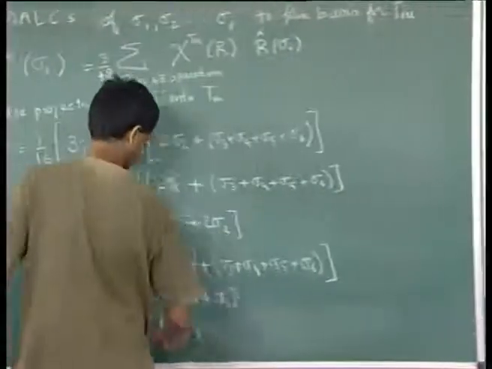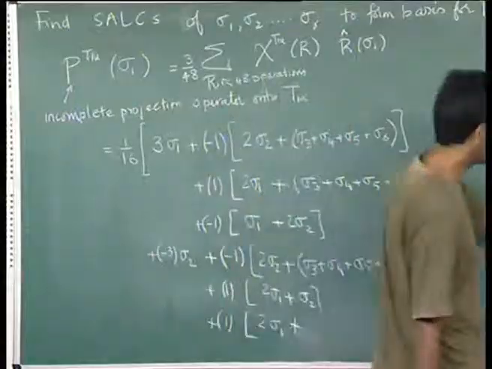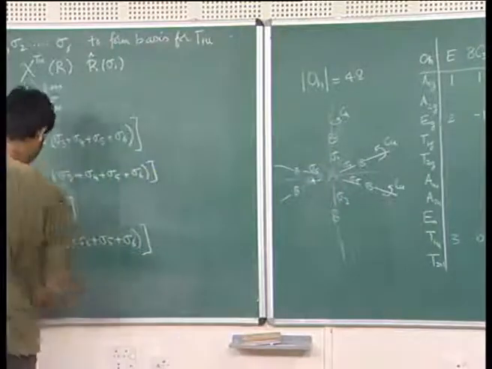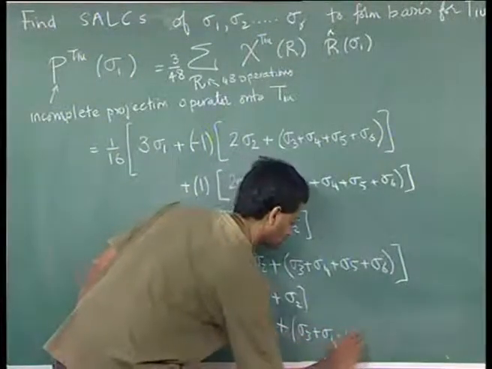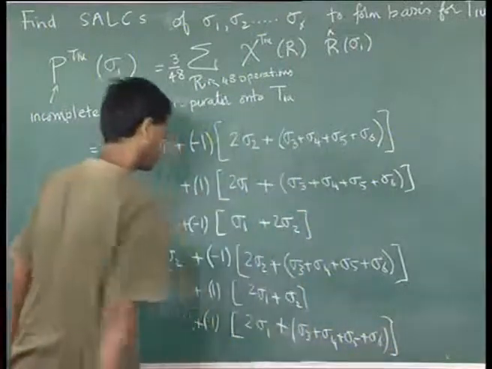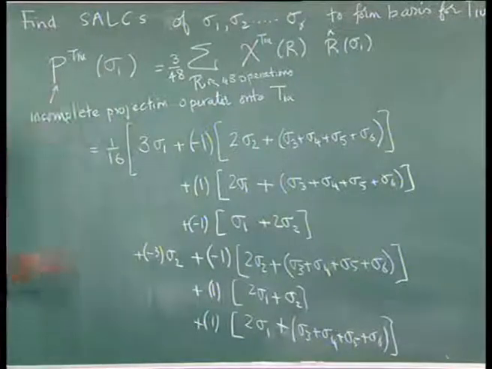So 2 of them will take sigma 1 to sigma 1. The remaining dihedral planes will take sigma 1 to sigma 3, sigma 4, sigma 5 and sigma 6. And this completes the effect of the projection operator.